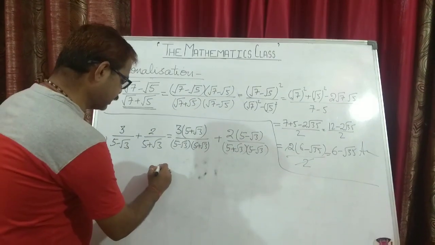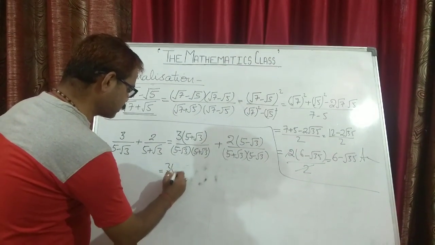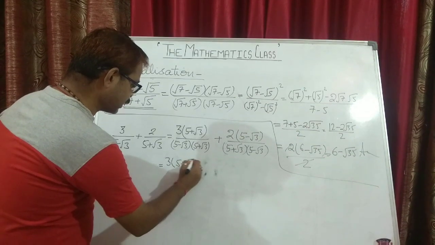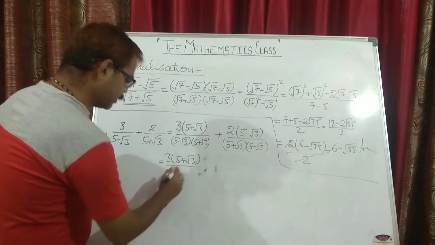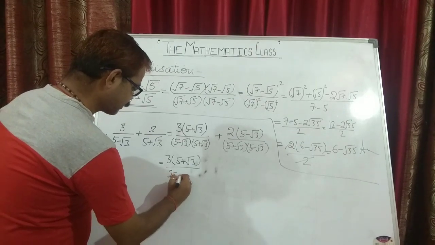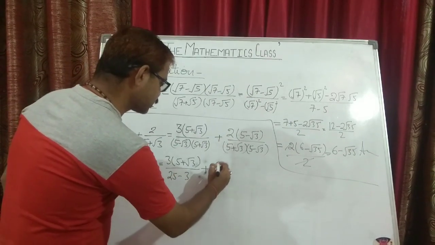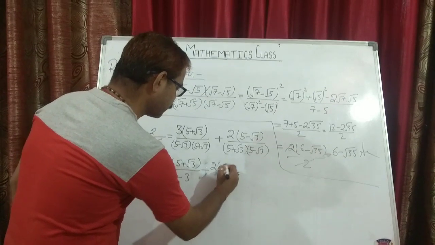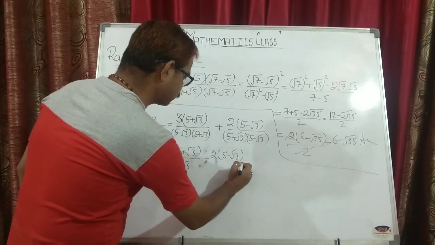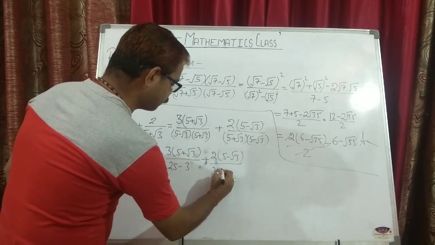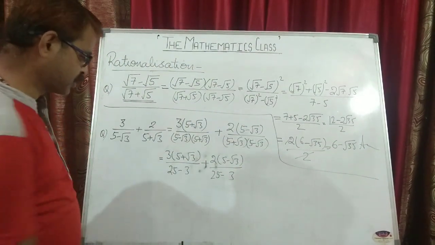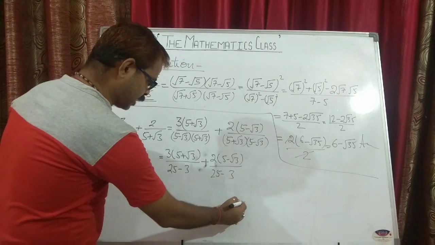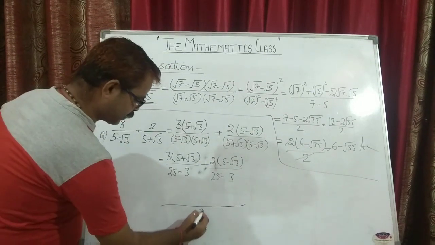So this can finally be written as 3 times 5 plus root 3 upon 5 square is 25, 25 minus 3, plus 2 times 5 minus root 3 upon 25 minus 3. Both of them will have the denominator as 22, so I am taking LCM as 22.